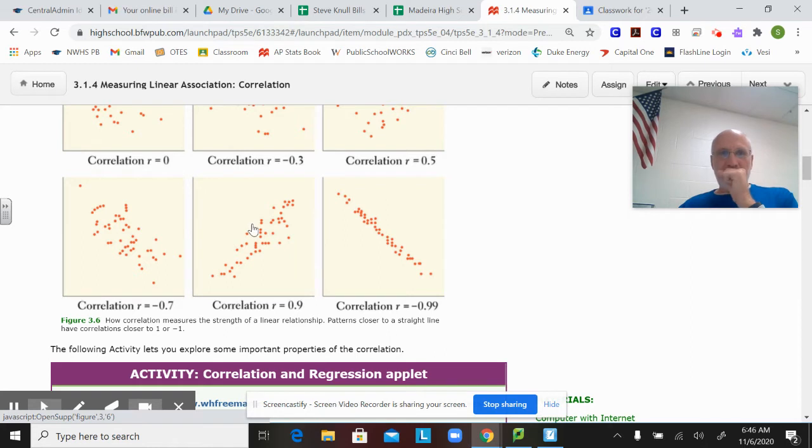Notice this one, again, not that I ever make you actually precisely estimate, but this one is stronger than the last one. My gut would tell me that's not quite as high as 0.9, but that's actually fairly strong. That's 0.9. And even this next one would be 0.99. It's negative 0.99. So just be aware, between negative 1 and 1, closer to 1, closer to negative 1, closer to linear.